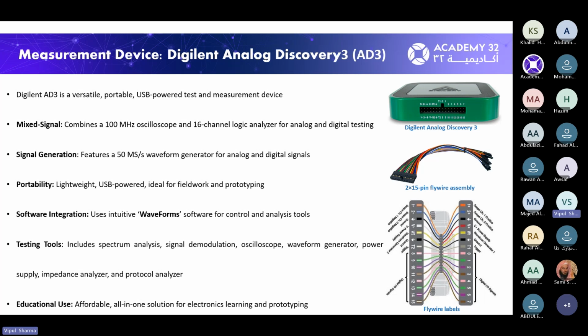It also has a 16-channel logic analyzer, so you can use it to analyze 16-bit digital signals. In our case right now, we won't be using that functionality because our circuits are mostly analog. But if some of you are working in the digital domain, this could be a good alternative to buying very expensive and bulky equipment for your personal use. It's also not very expensive.